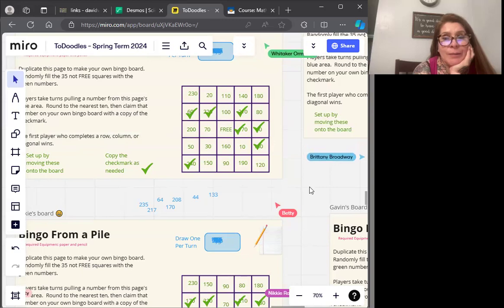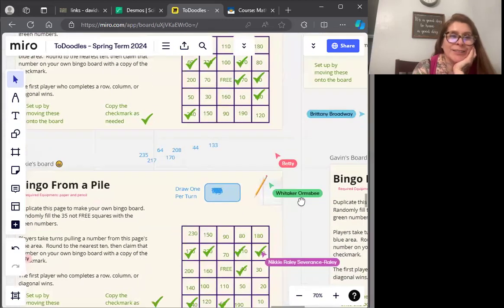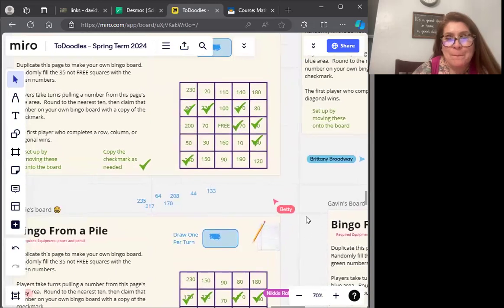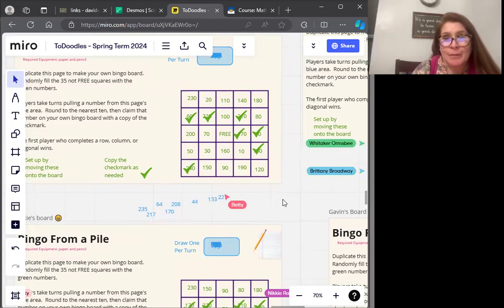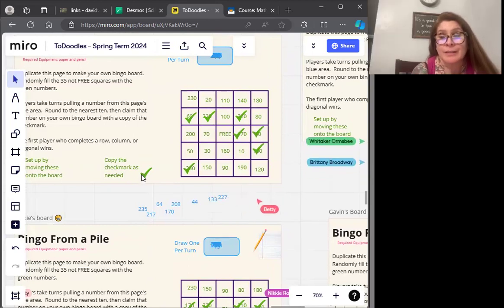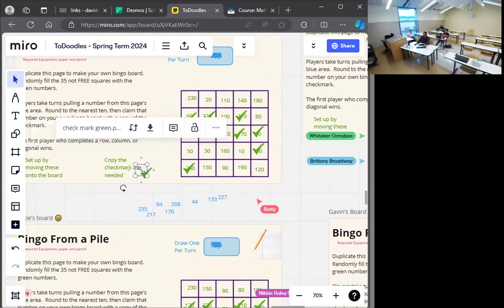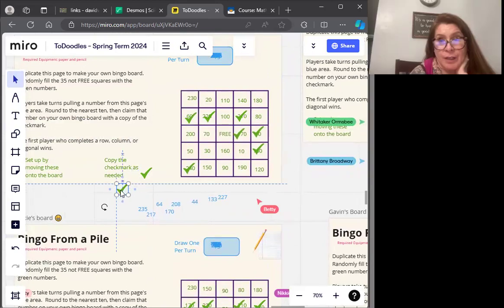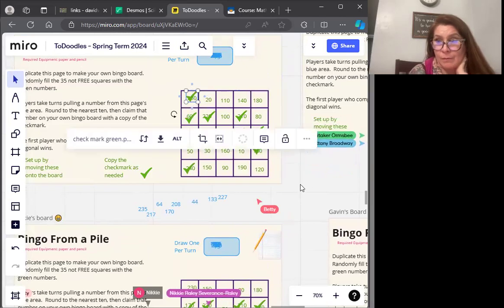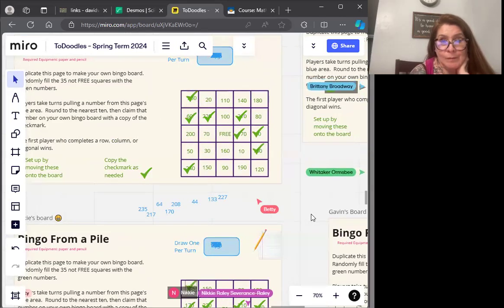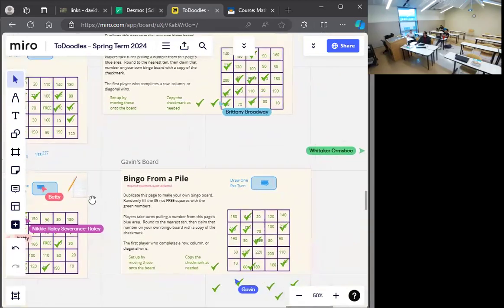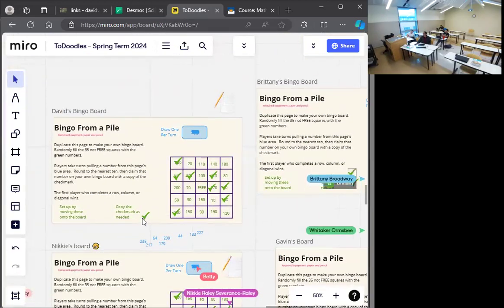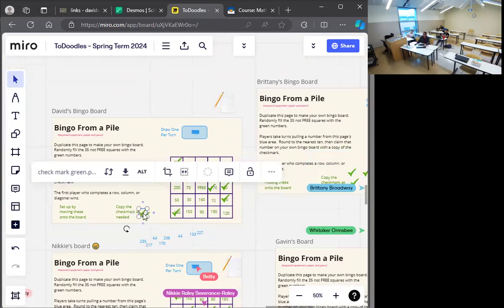Nikki almost. Almost. Okay, keep going, Betty, then. 227. So is that going to be 220 or 230? 230. Oh, so many. I should put a check mark on free. That was a good idea.